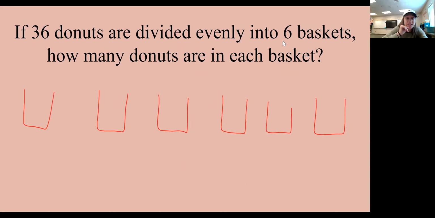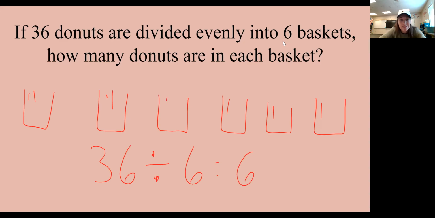I have 36 donuts, and I can divide them evenly, so I can go 1, 2, 3, 4, 5, 6, 7, 8, all the way till I get to 36, because I'm dividing them. That takes a little bit of time, so I'm going to do it a different way. I'm just going to do 36 divided by 6 baskets equals how many donuts in each basket? 36 divided by 6 is 6. So the answer is 6 donuts in each basket.